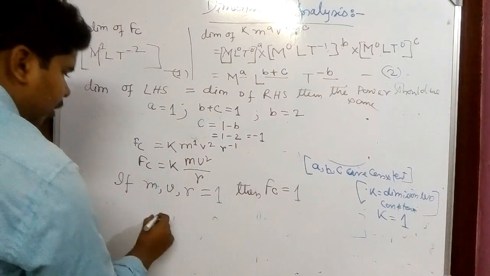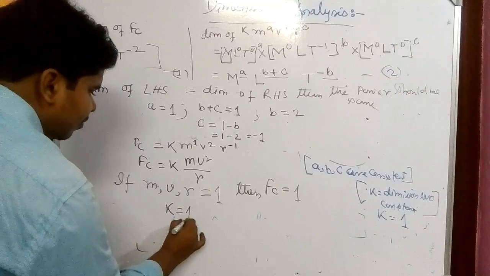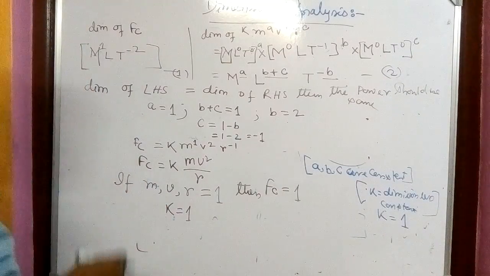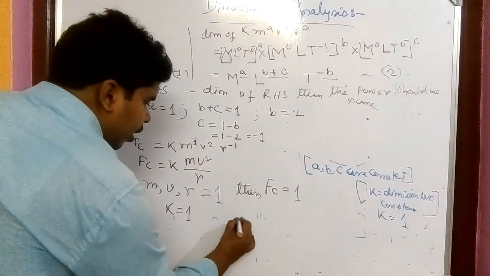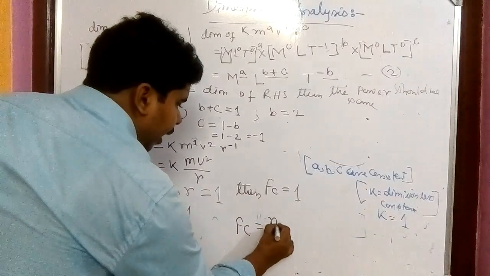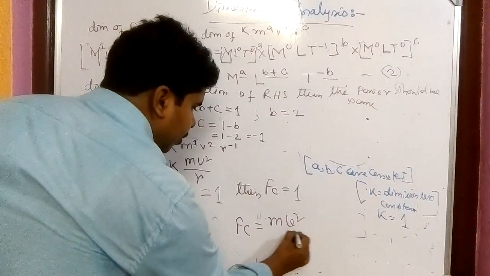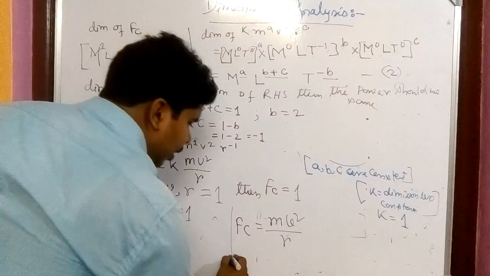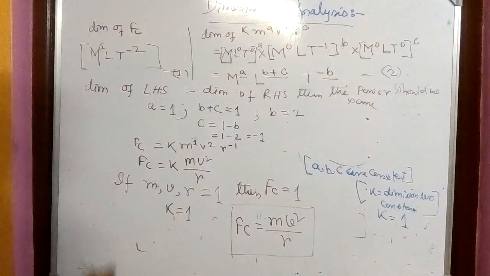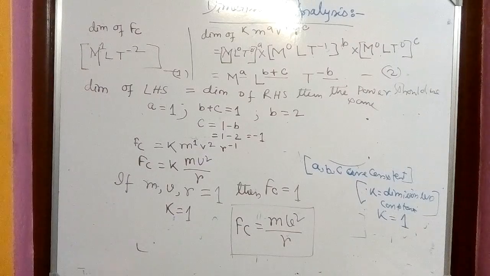So here if I put the value k equals 1, so k is a constant whose value is 1. So the equation Fc will be m v square by r. That is the equation we have found by dimensional analysis. You see, by dimensional analysis we are able to find this equation.